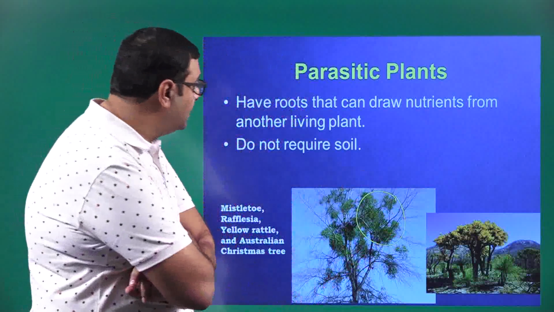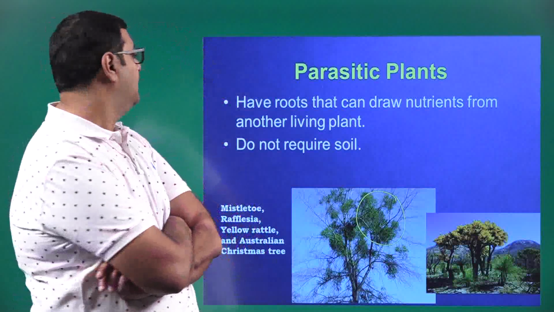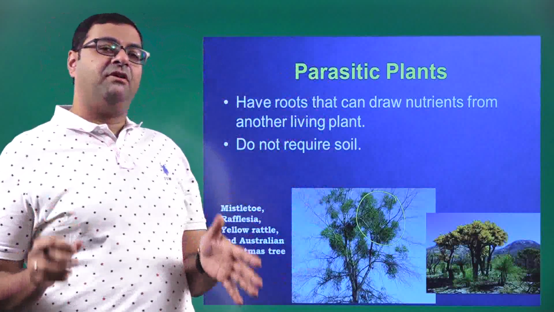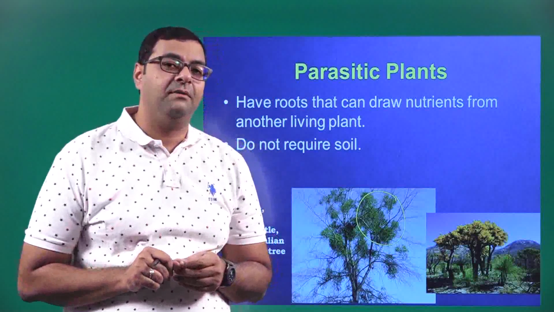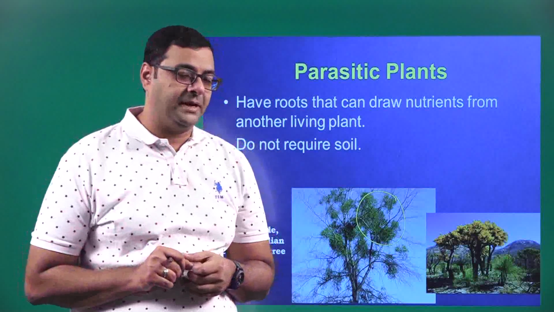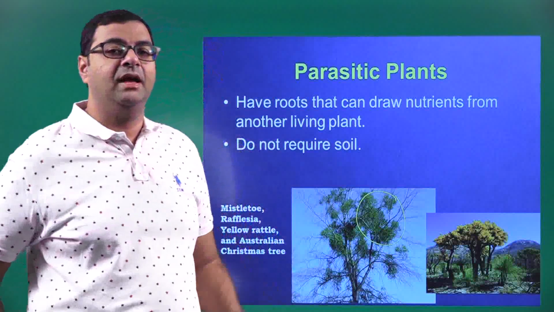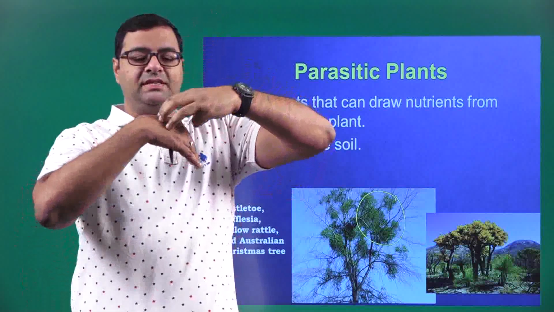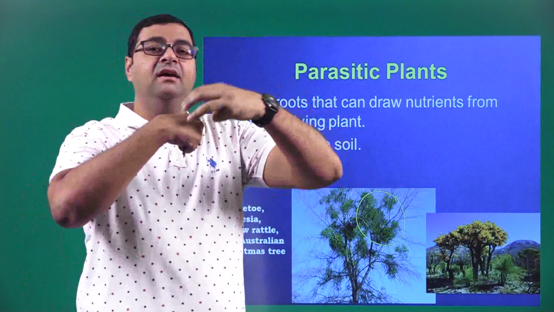It is green in color because it can perform photosynthesis. But they don't have a proper shelter, which means they don't grow on the ground. So they select trees, and they have some roots like succulents, and these roots will go and stick onto the main bark of the plant, and they will start sucking nutrients.